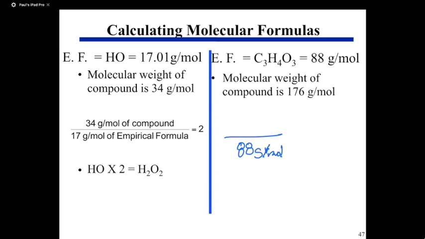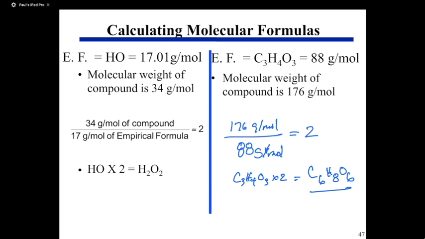The whole compound is 176 grams per mole. I get a number of 2. So what I do is I take C3H4O3 times 2, and the molecular formula is C6H8O6. Okay?